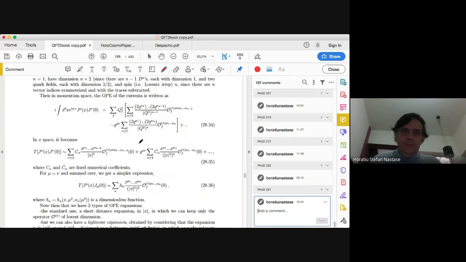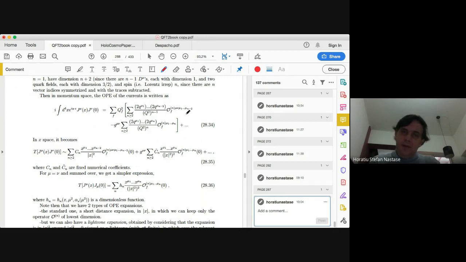Then that means that in momentum space, the OPE of the two currents, J mu at x with J nu at 0 Fourier transformed, is written as a sum over these operators O_n^F.